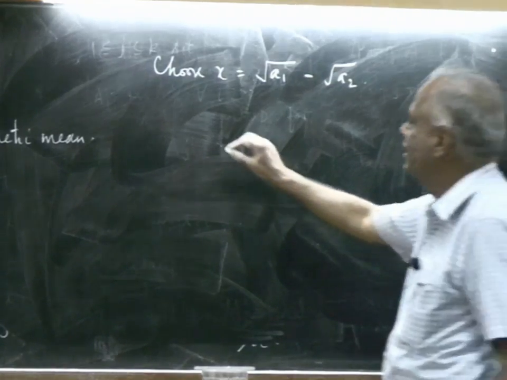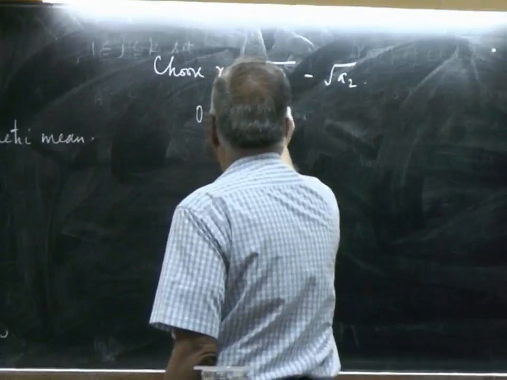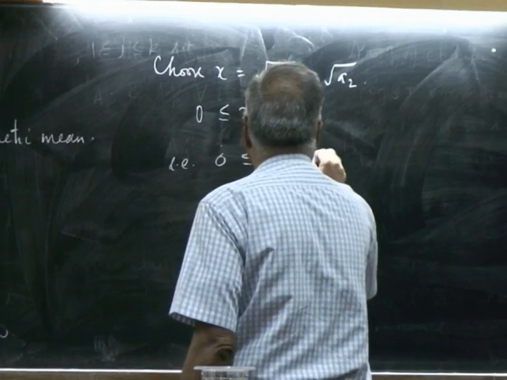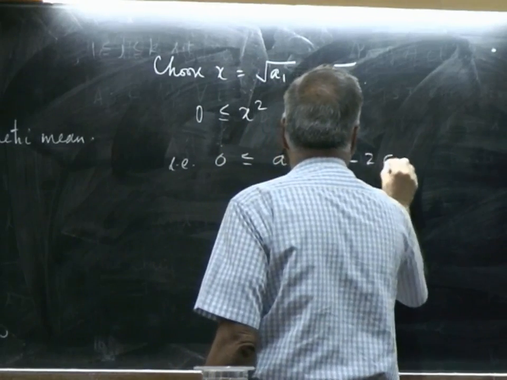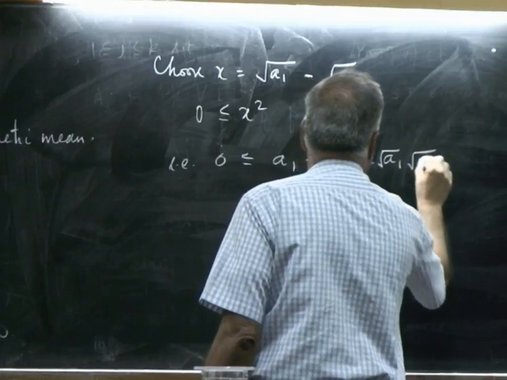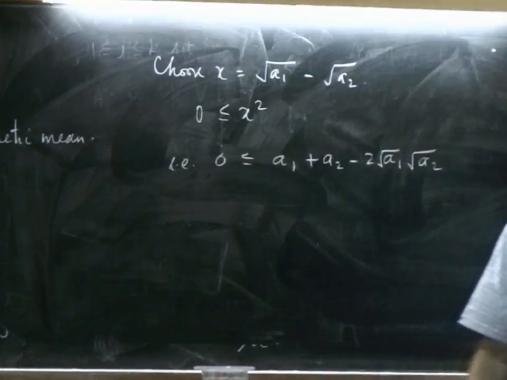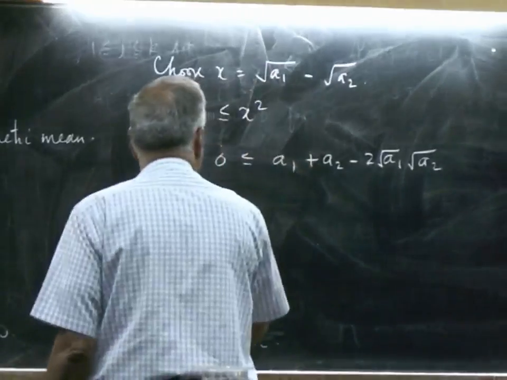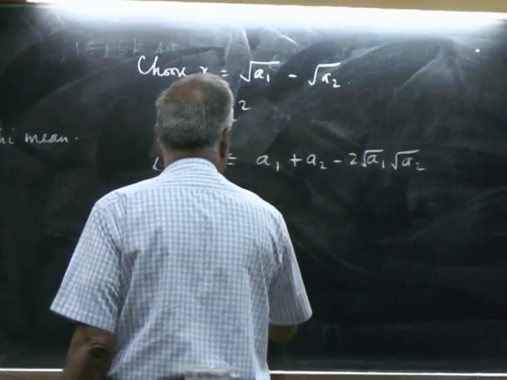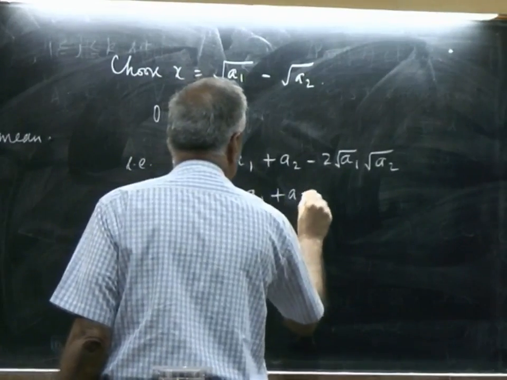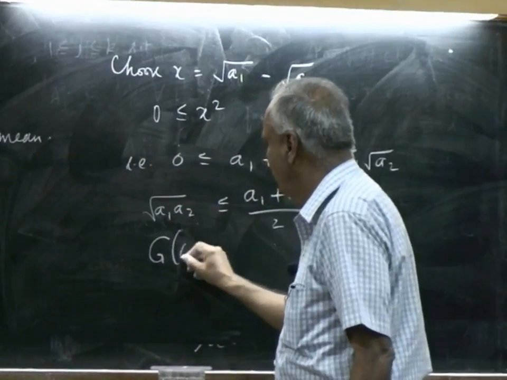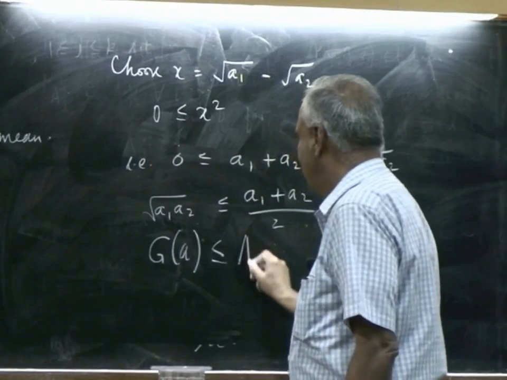What do I get? 0 is less than or equal to x squared, that is 0 is less than or equal to a1 plus a2 minus 2 square root of a1 into square root of a2, or rewrite this, I get square root of a1 square root of a2 is less than or equal to (a1 plus a2) by 2, or g of a is less than or equal to a.